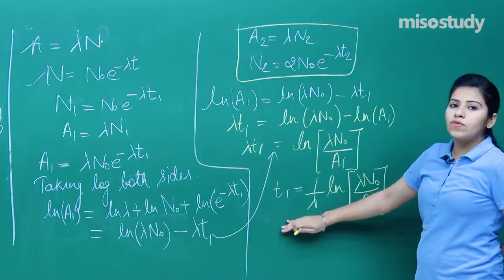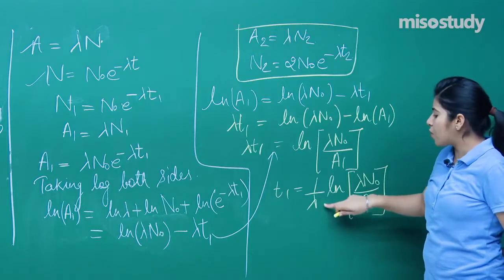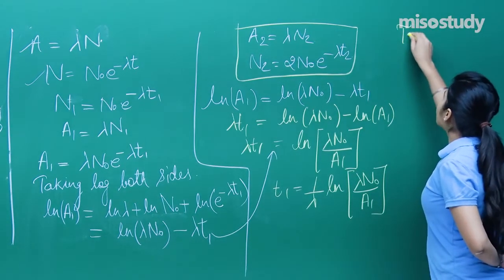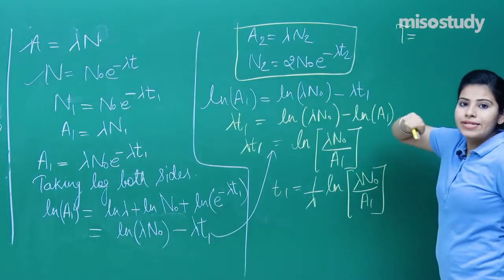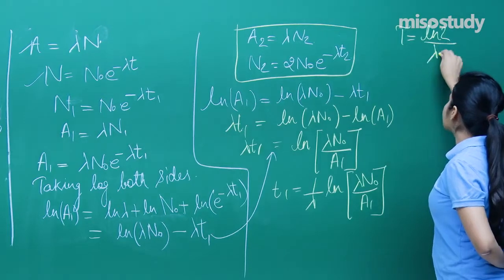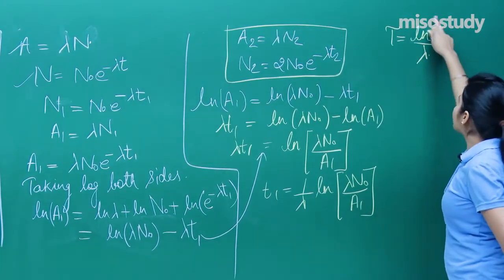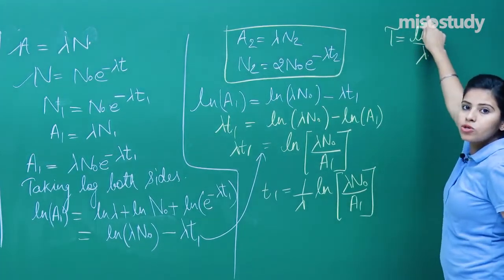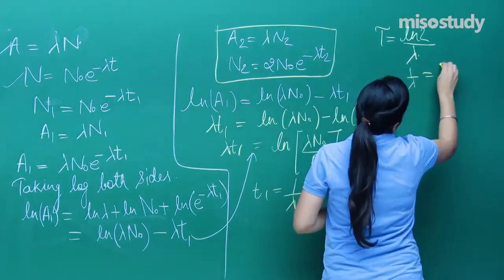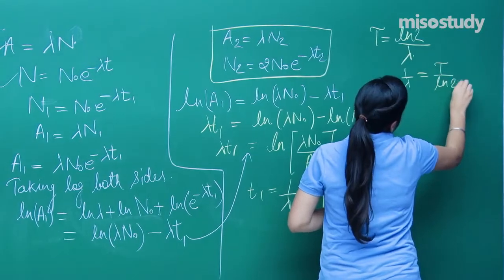Now what you can do over here is put the value of 1 by λ. You know that the half-life, the capital T, is log 2 by λ. From here, to find the value of 1 by λ, you can write it as T by log 2.